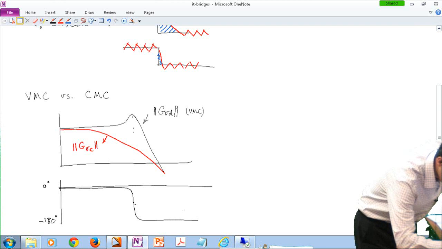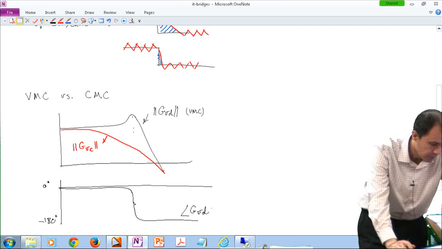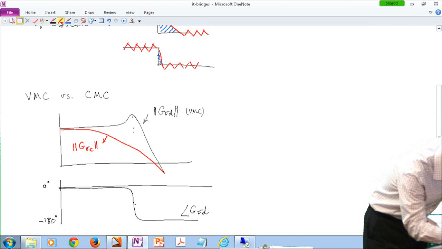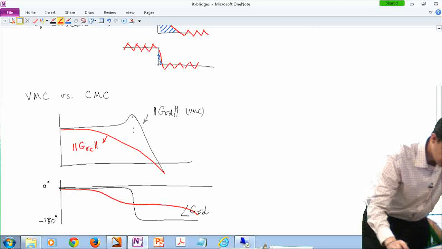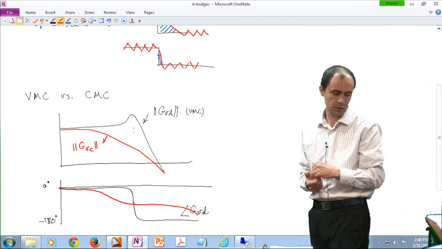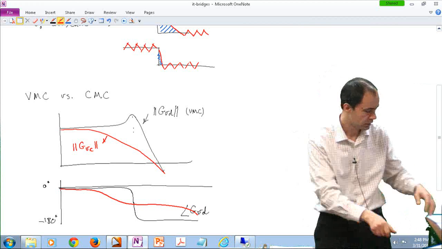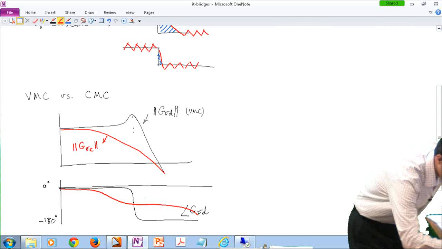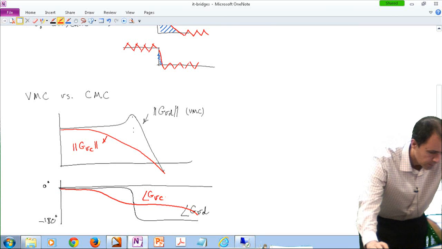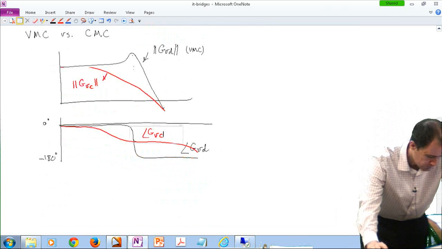This is the phase angle for GVD, and for GVC, the current mode control approach, it's a little bit smoother, something like this. And by the way, these are coming from more accurate models, because in the simple model, GVC, in terms of phase, only goes to negative 90 degrees. So that's one difference.